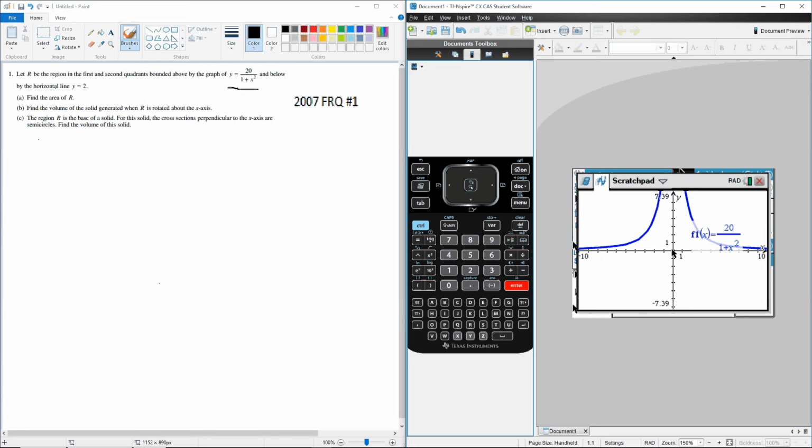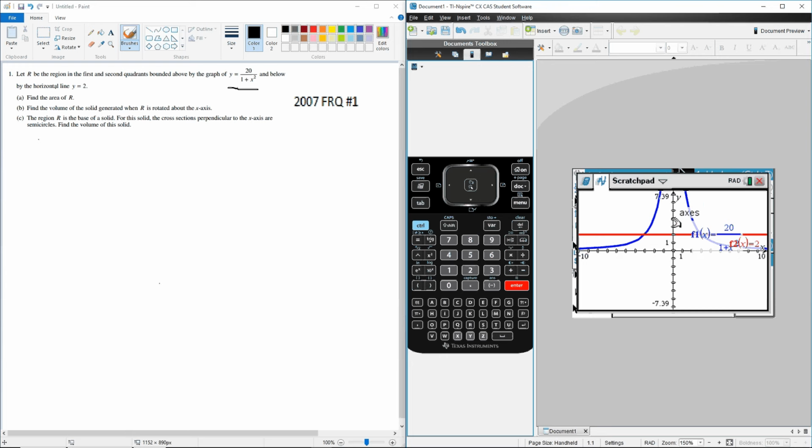So let's graph both of our functions to see what our area R is going to look like. Because it's bounded above by this blue graph and below by this horizontal red line, it's going to be this area in the upper middle section here that's above the red line and below this blue line.